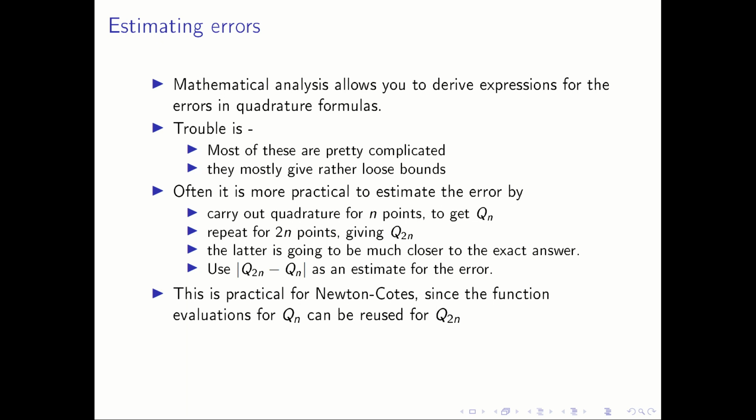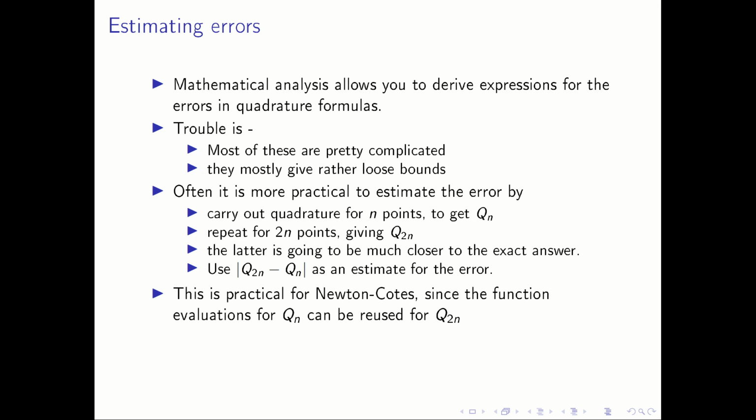After all, when you are dividing your interval into two endpoints, the endpoints that you used earlier, you are essentially putting a point in between, and so all the endpoints that you used earlier are being used for Q2n again. What that means is you do not really have to evaluate the function 3n times, n times for Qn and 2n times for Q2n.